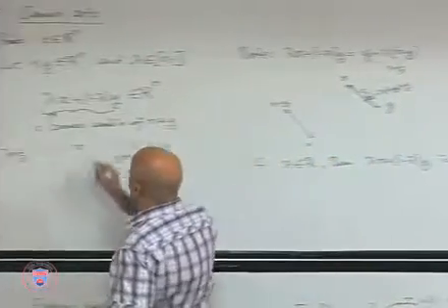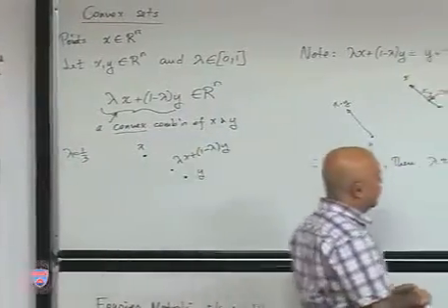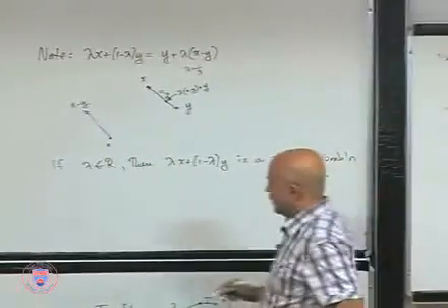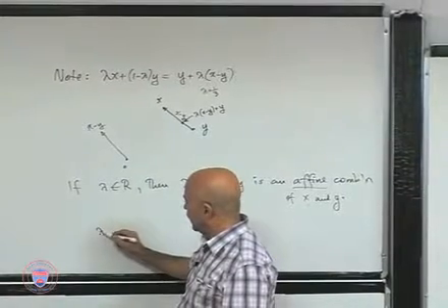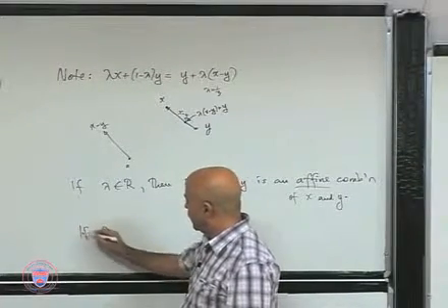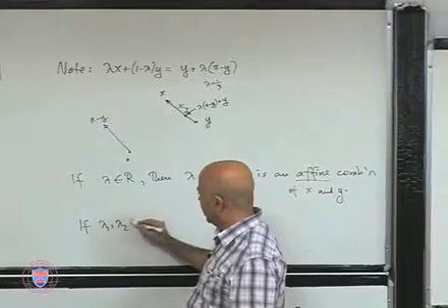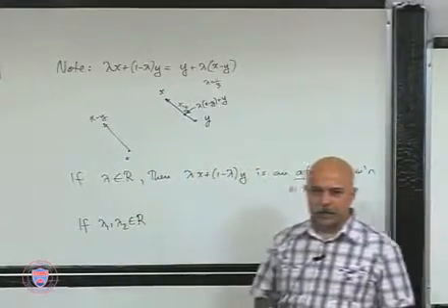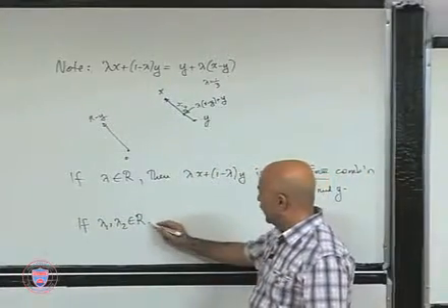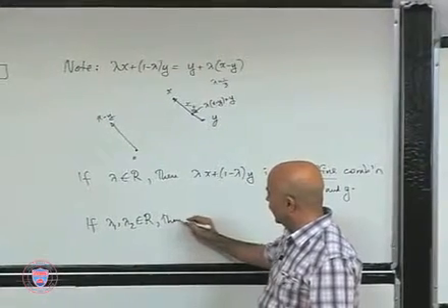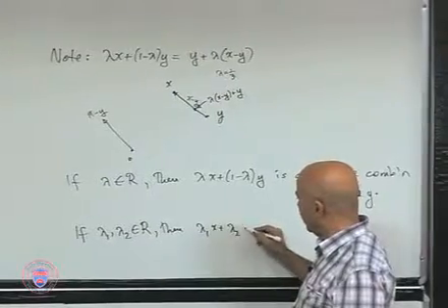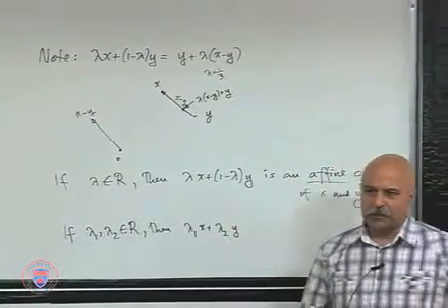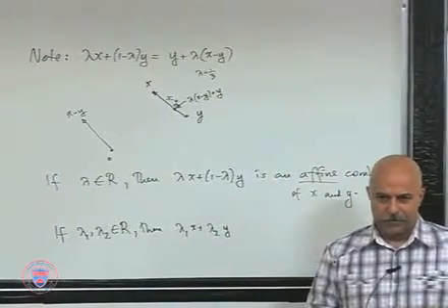If lambda 1, lambda 2 are arbitrary two real numbers, then lambda 1 x plus lambda 2 y. In this case, there is no restriction on how you choose lambda 2.